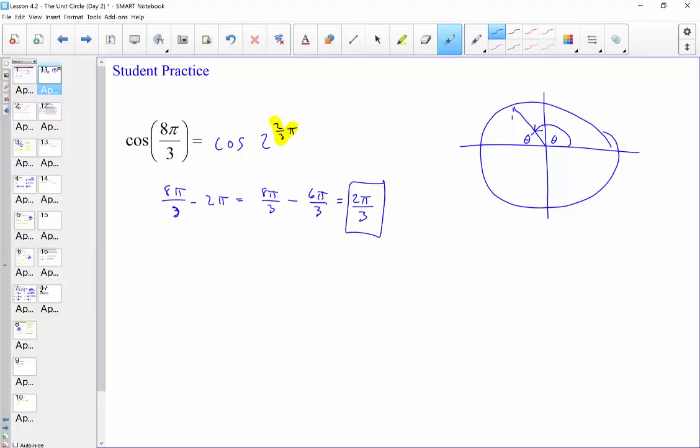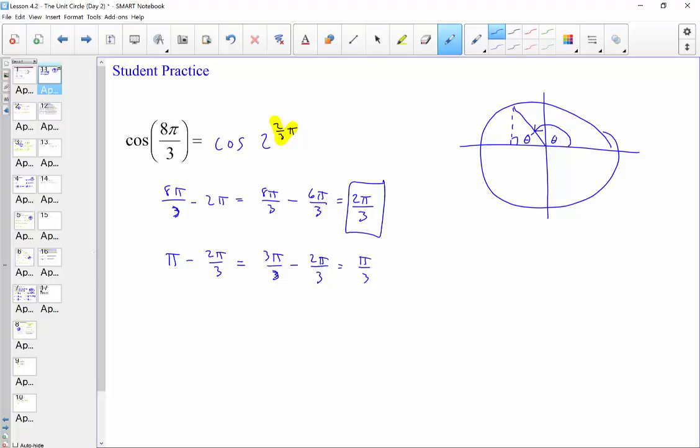We'll draw our right triangle, and now we need to find our reference angle. So our reference angle is going to be pi minus 2 pi over 3, which equals, using a common denominator of 3, 3 pi over 3 minus 2 pi over 3 equals pi over 3. So our reference angle is pi over 3, or in degrees, that's 60 degrees.